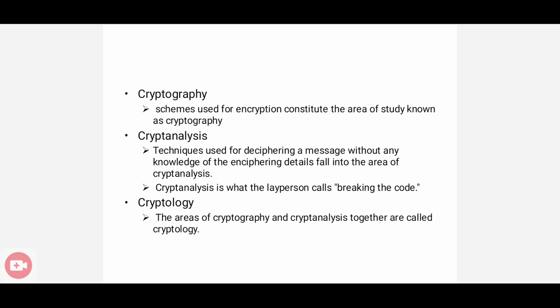So these are the words generally used in the area of cryptographic mechanisms: plain text, cipher text, enciphering or encryption, deciphering or decryption, then cryptography, cryptanalysis and cryptology.